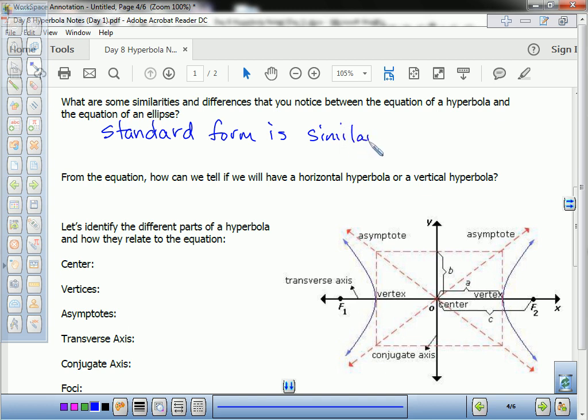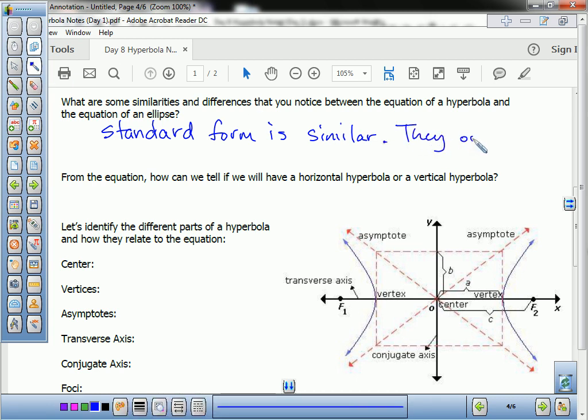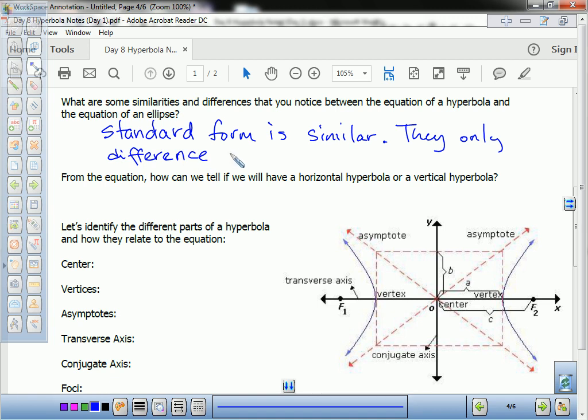The only difference is that it's subtraction.